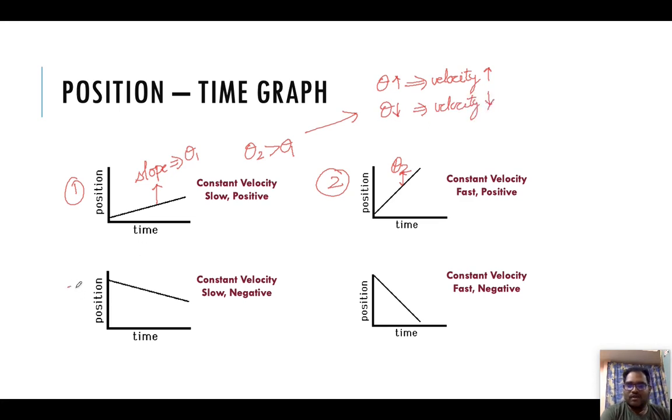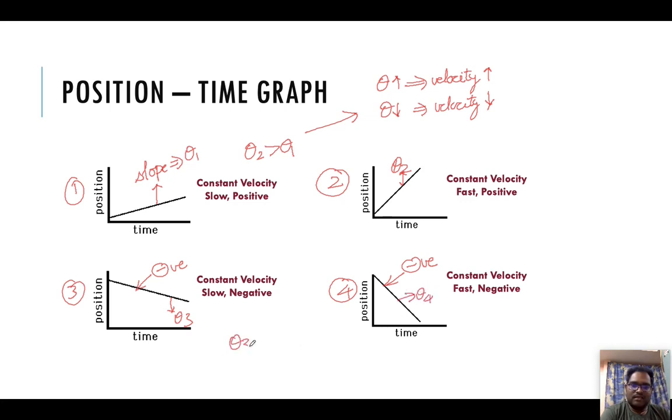Okay, so if you compare graph number 3 and graph number 4, the only difference is both these graphs have a negative slope. Apart from that, the same terminology will carry. Here we have theta 3 and here we have theta 4.